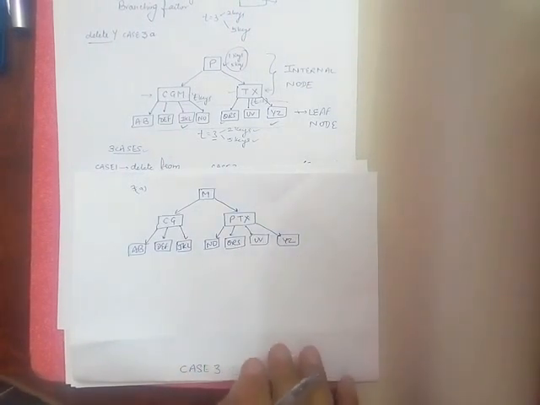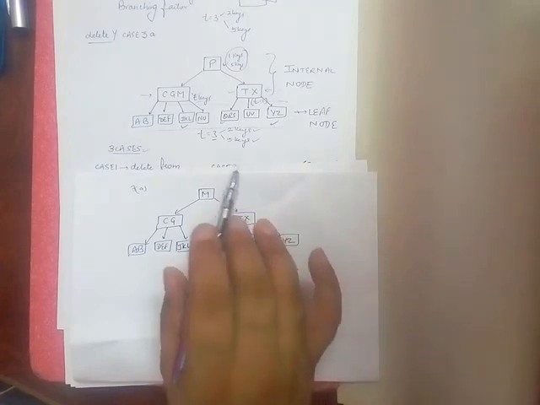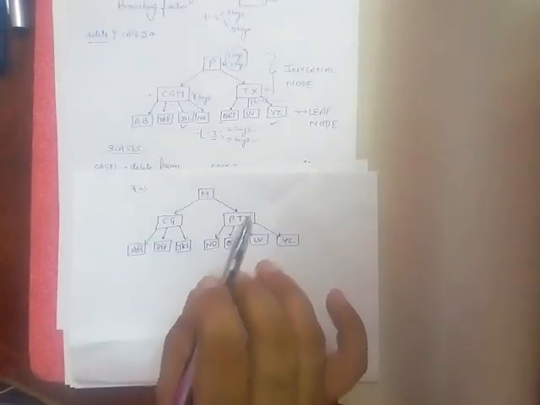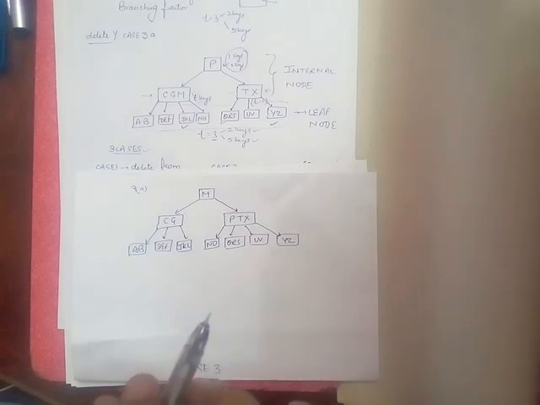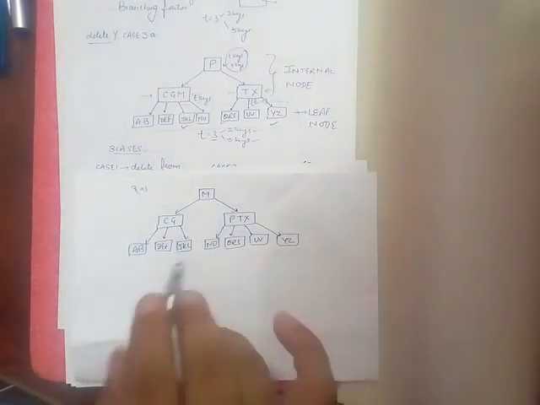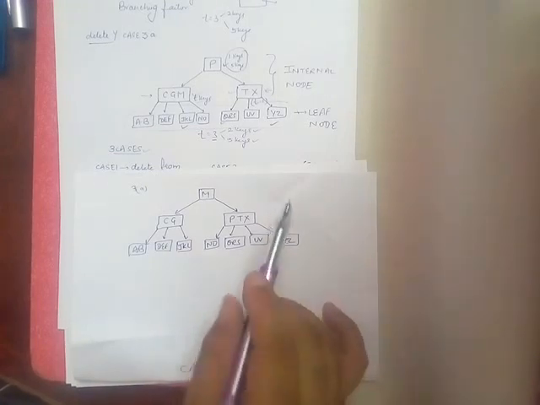Just try to understand my point. Before deleting any key from any node, if any node in the path has the minimum number of keys, then we first have to solve that problem by bringing one extra key, and for that we take the help of a sibling. Here, when we are deleting Y, we start from here.